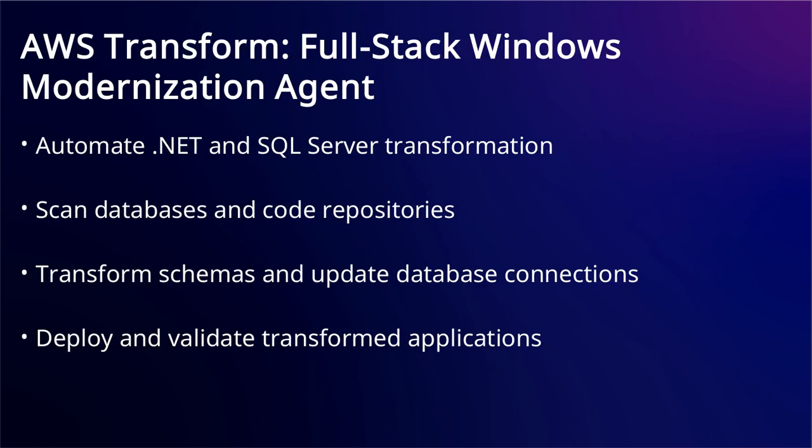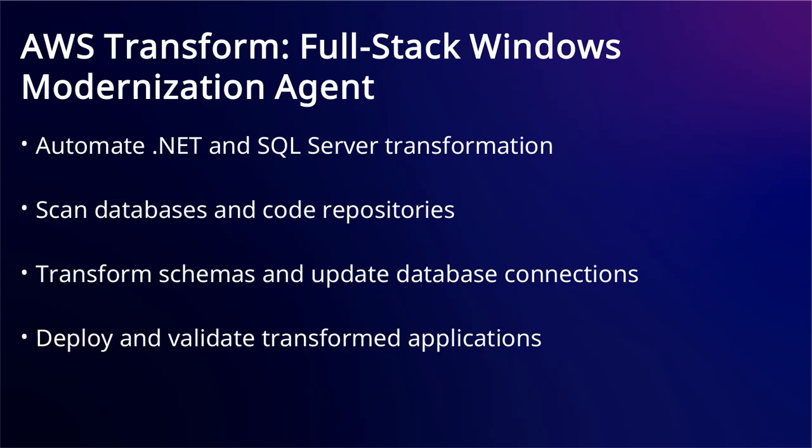AWS Transform now offers a full-stack Windows modernization agent to streamline the migration of .NET applications and Microsoft SQL Server databases to AWS cloud-native technologies. This agent addresses the challenge of modernizing legacy Windows applications by automating the transformation process.